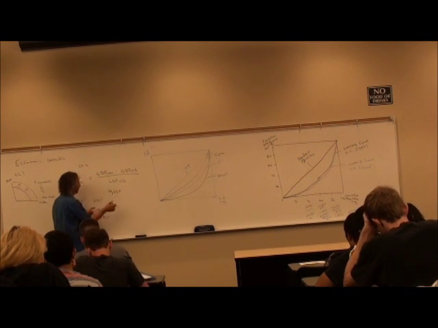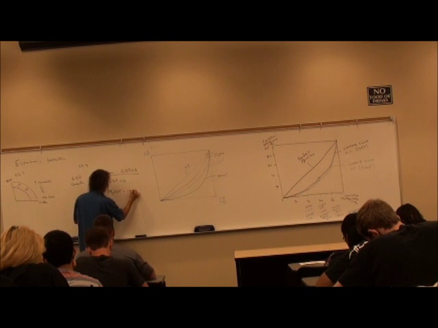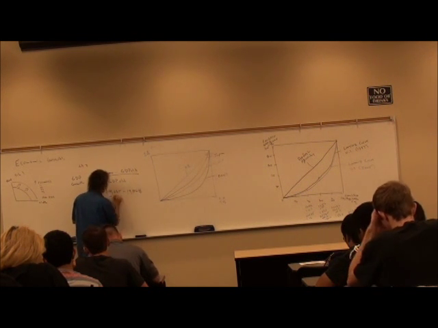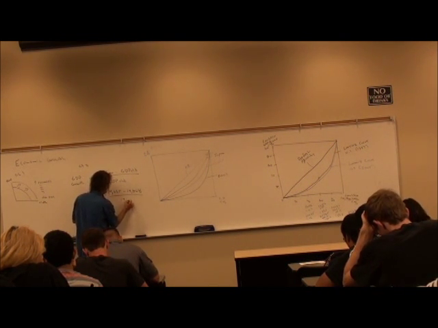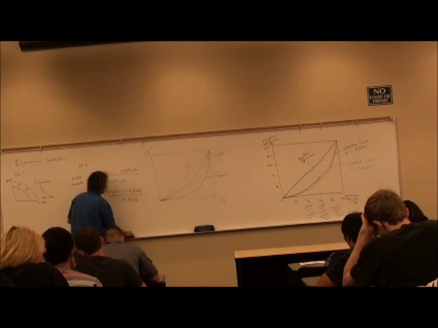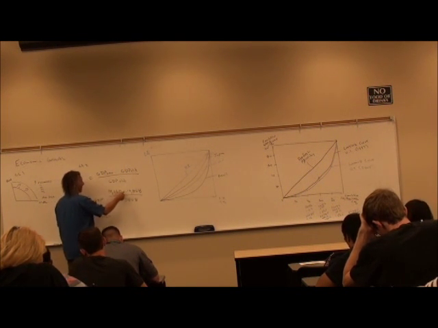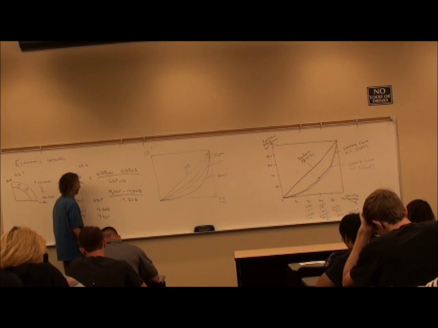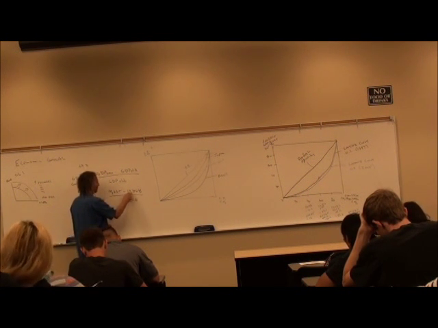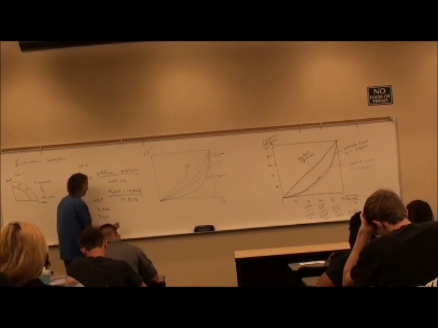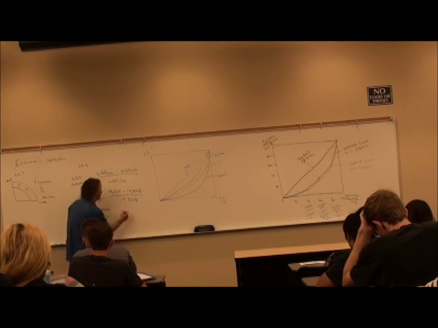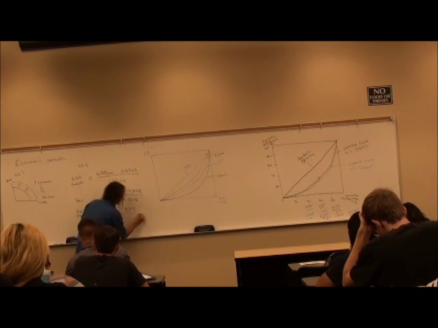Since they're all in billions, I'm not going to write out the whole number. What is this minus this? So 14,265 minus 13,808. 457, thank you.